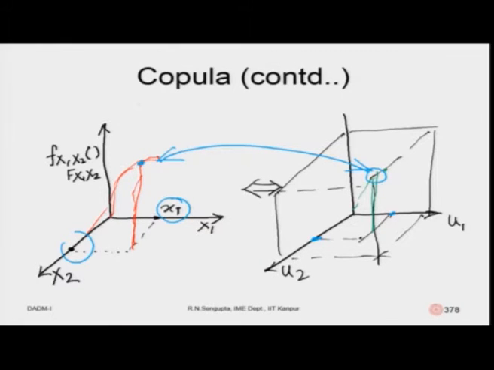So, here is the double summation of the total area. It will be the double summation of f of u 1, u 2. Obviously, here dx 1, dx 2, du 1, du 2 will come.